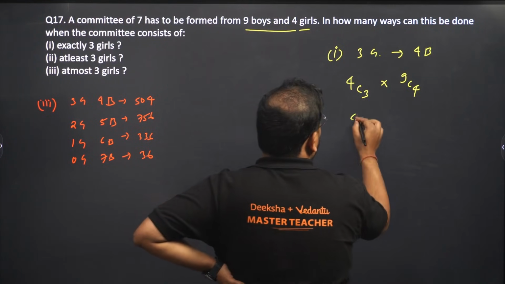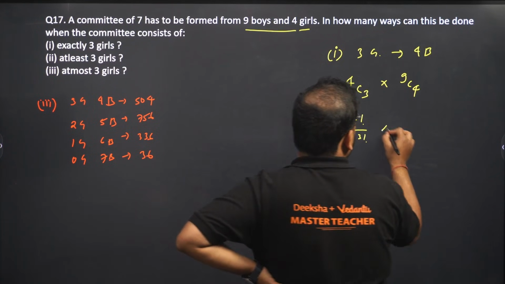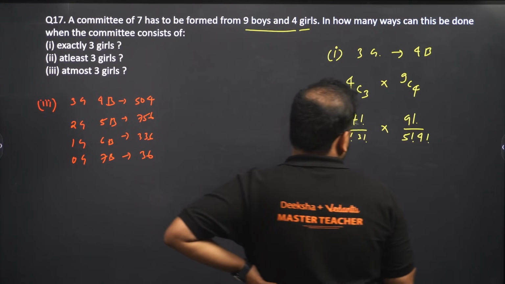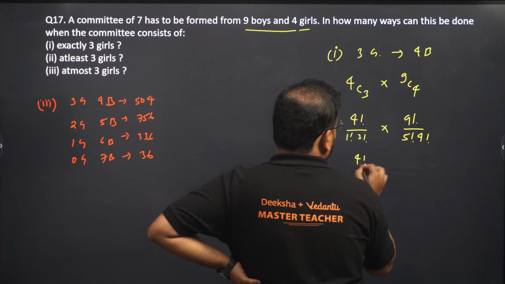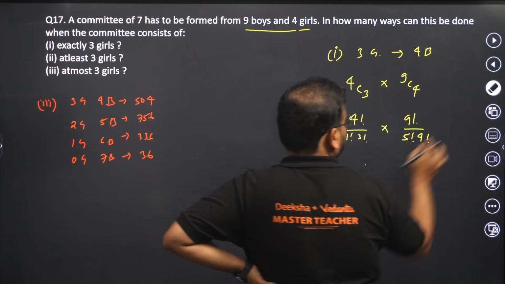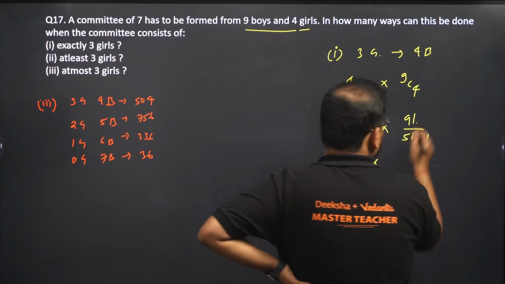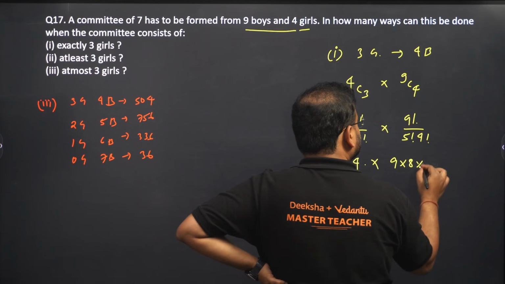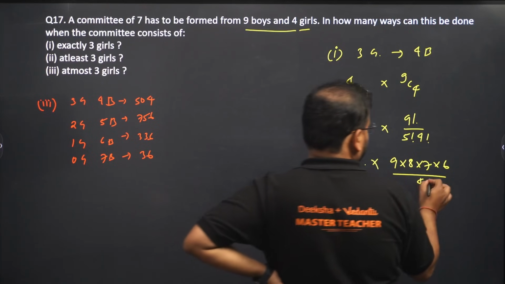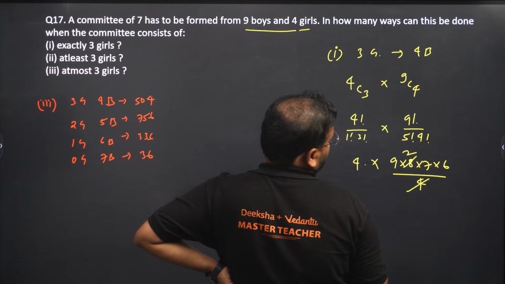4C3 is 4 factorial divided by (4 minus 3) which is 1 factorial, and 3 factorial. 9C4 will be 9 factorial divided by 5 factorial into 4 factorial. You get 4 factorial by 3 factorial, so this is simply 4 only. Into what I get for this, 9, 8, 7, 6 by 4 factorial.